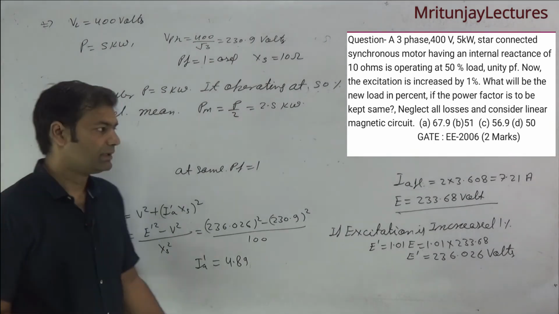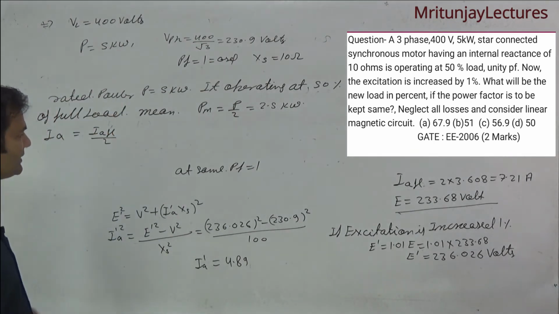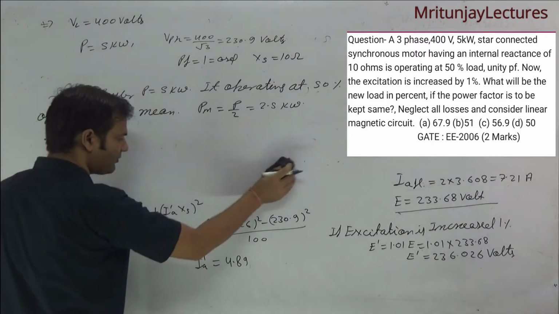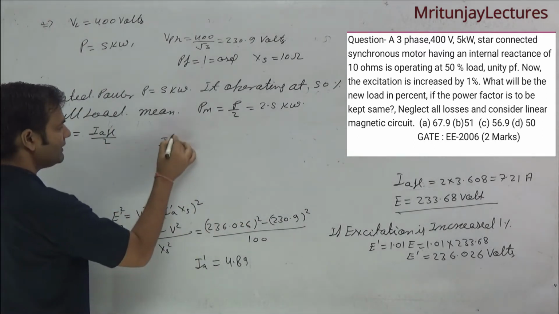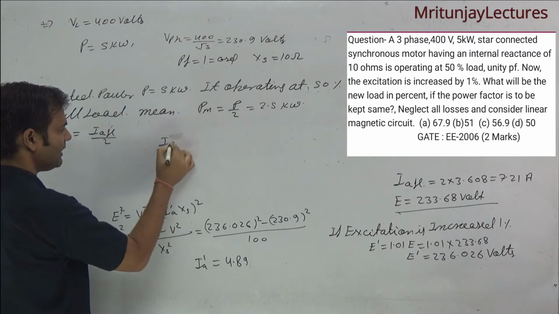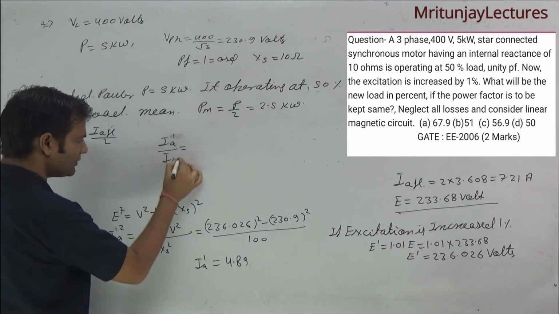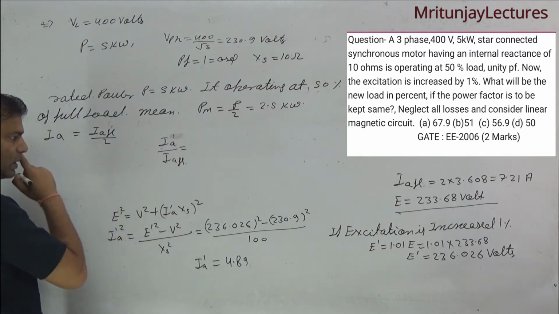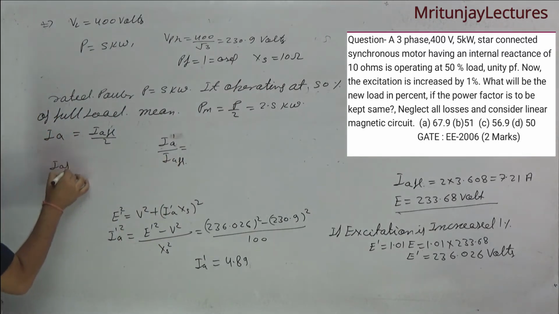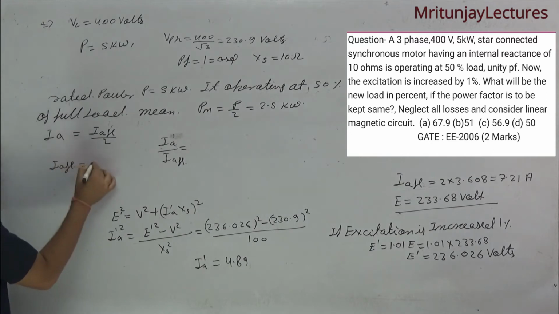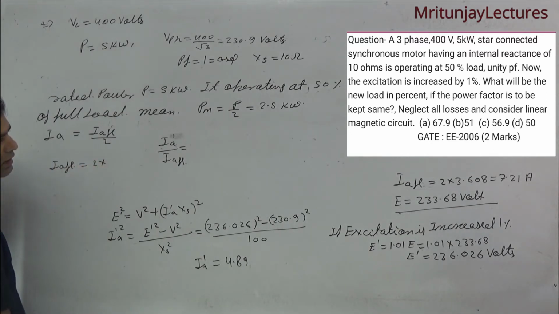Okay, now corresponding to the question, our motto is IA dash divided by IA full load. First of all, IA full load, that is 2 into IA, that is 7.